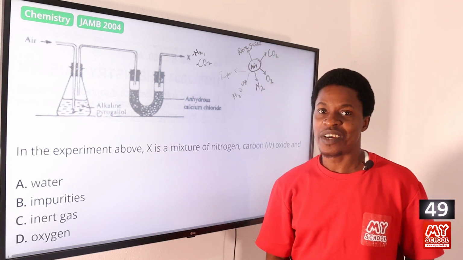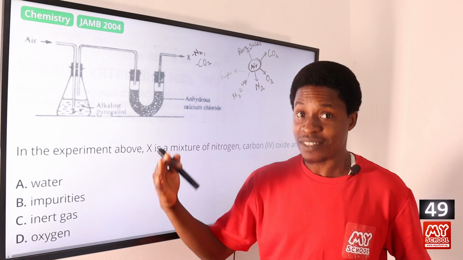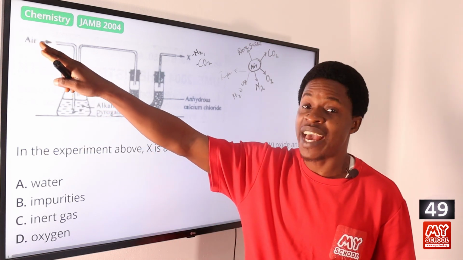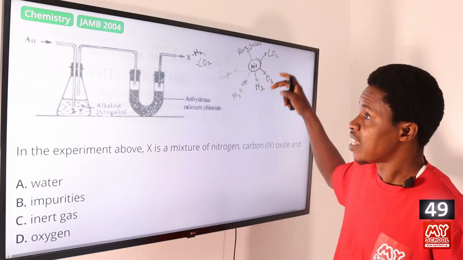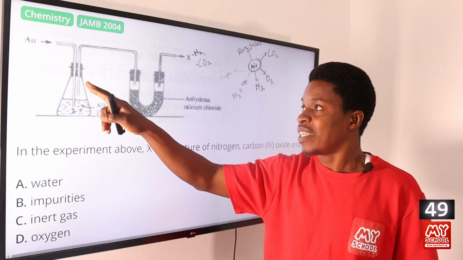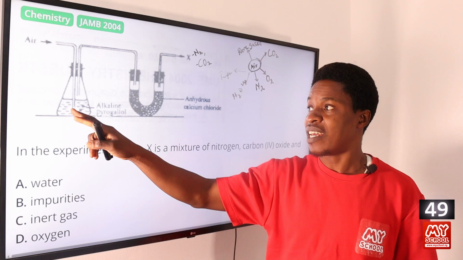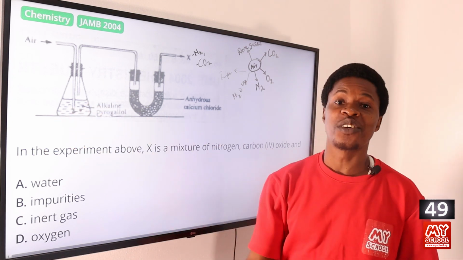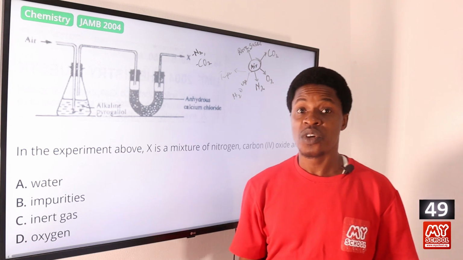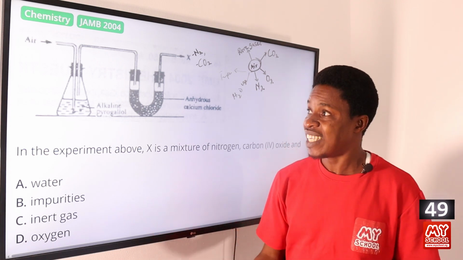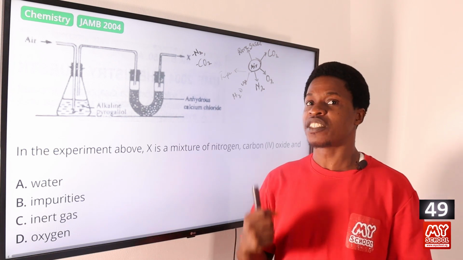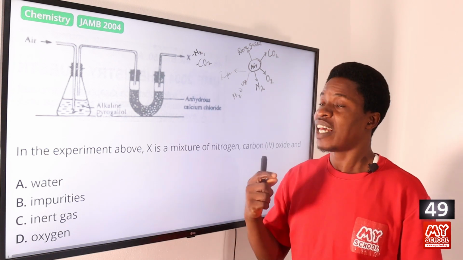All of these are gases that are present in air. Now, from the diagram, that's what we can infer. Let's analyze it. Air comes in here, so all of these are coming in with the air. When it gets into this conical flask, we have alkaline pyrogalol. What does alkaline pyrogalol do? It reacts with oxygen and removes oxygen from the air.